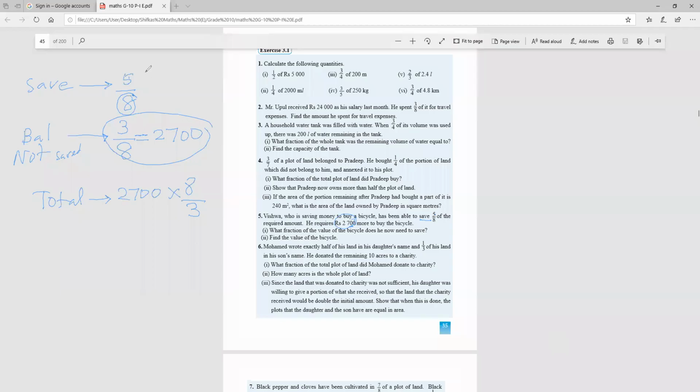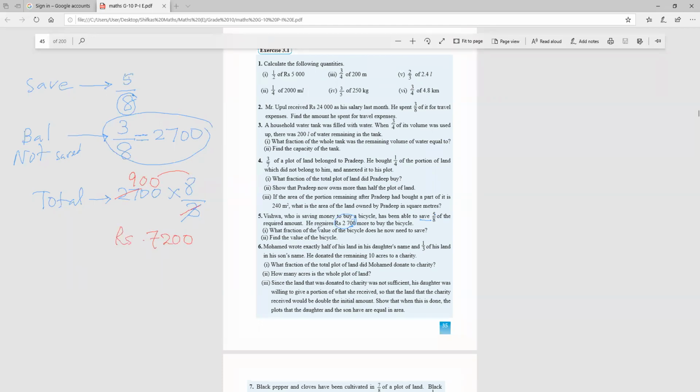Okay, he saves 5/8. The balance is 3/8. That is 2700. Fraction equals 2700, so to find the total, the fraction will change as reciprocal. 3 1 times, 27 9 times. 900 into 8 is rupees 7200.